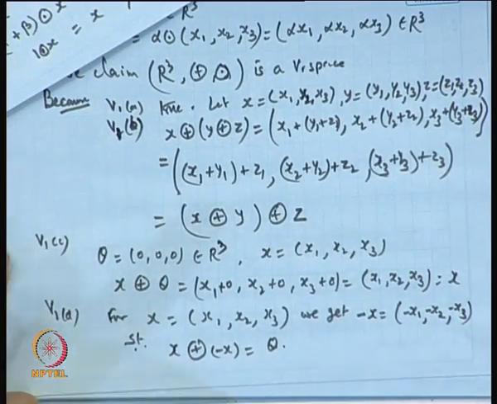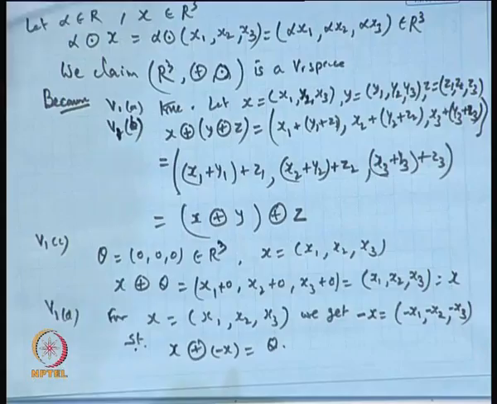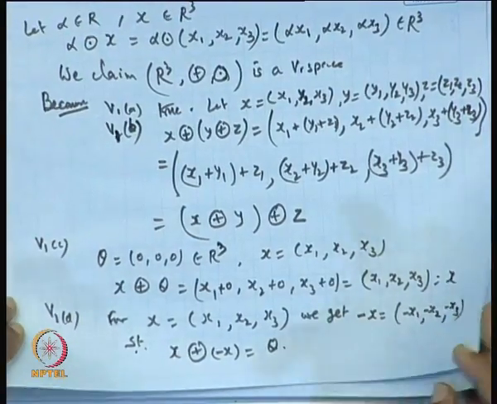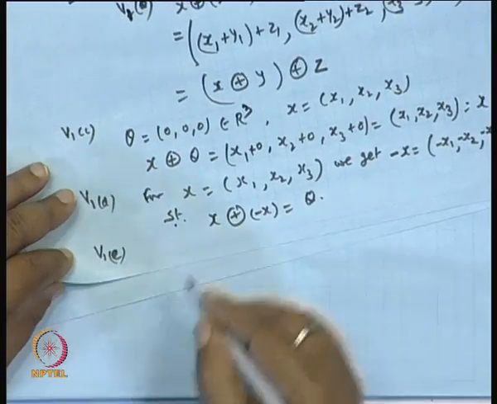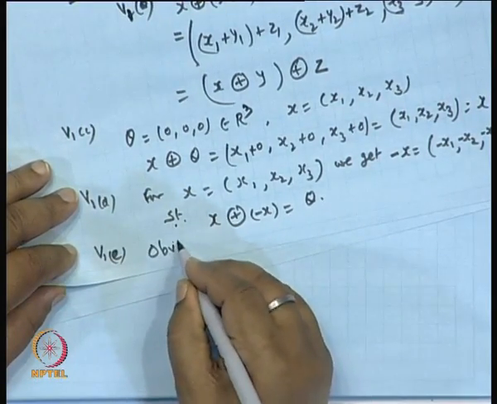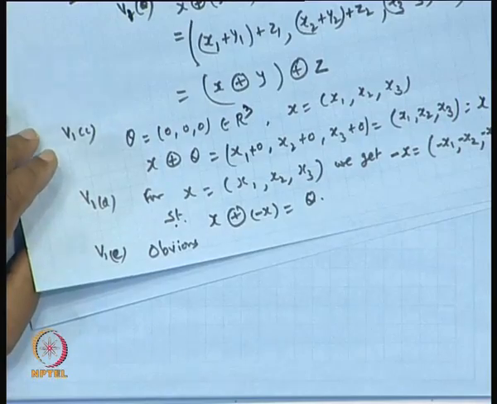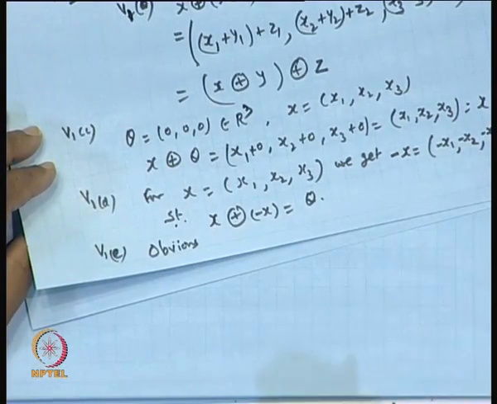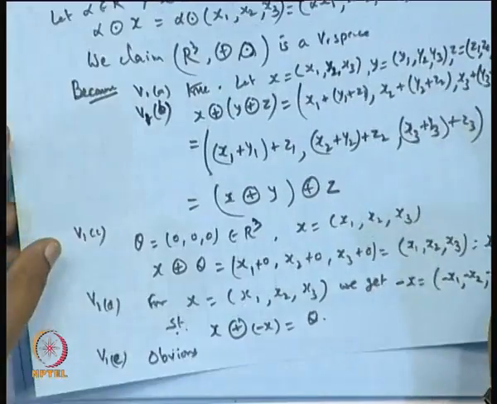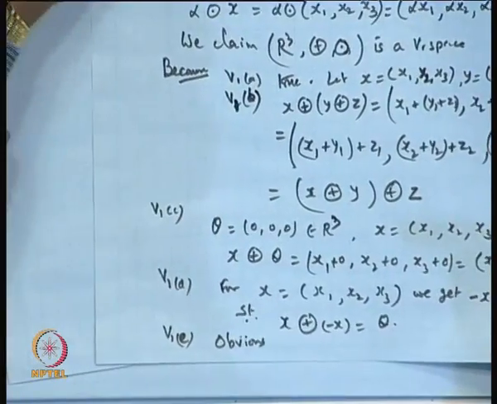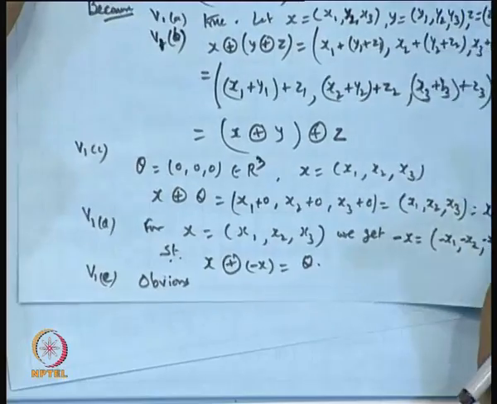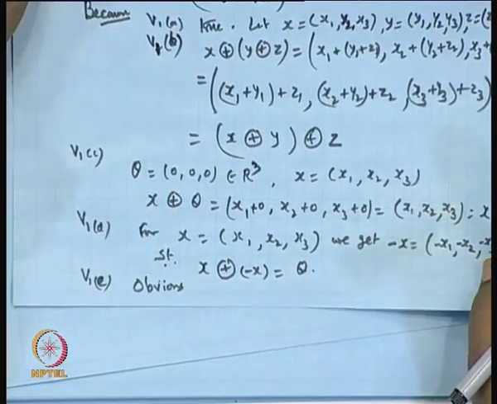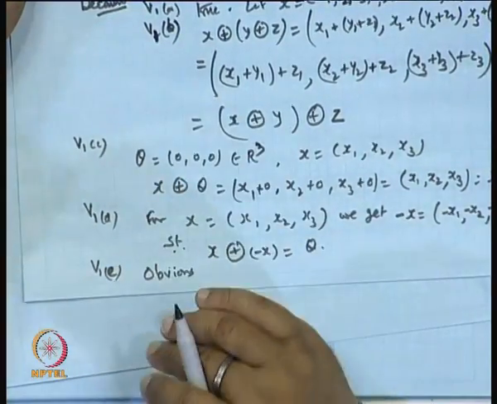So, a vector is obtained, clear. So, we are getting this. Then property V 1 E is also satisfied, obviously. You can verify x plus y is the same as y plus x. So, all 5 properties under V 1 are satisfied, therefore it forms an abelian group.